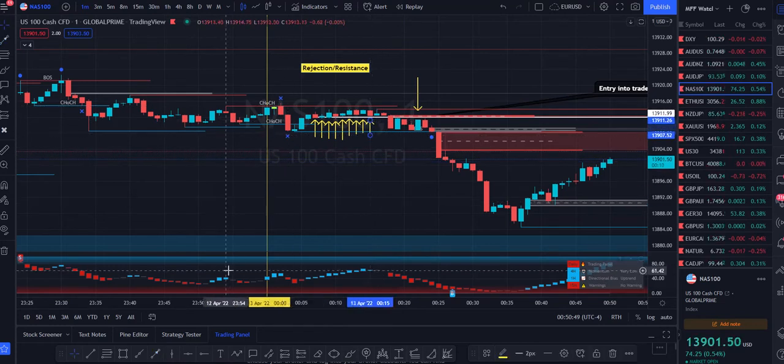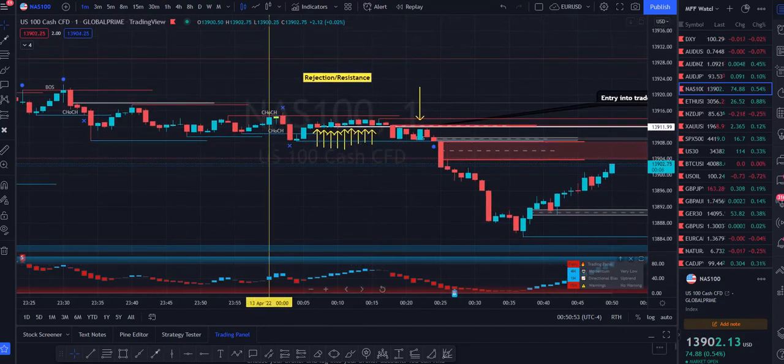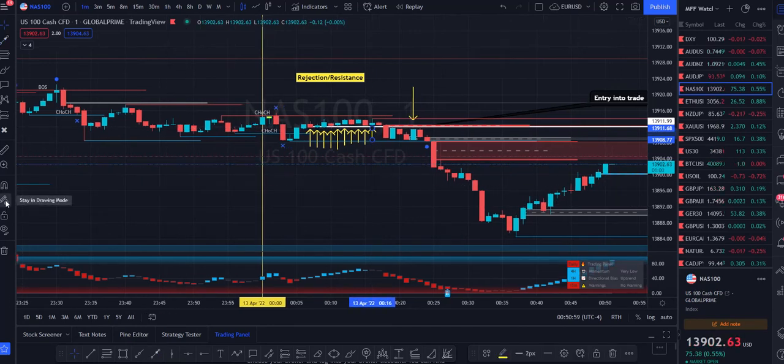9, 10. Let me put the draw mode on. 11. And you can kind of count these as consolidation too. 12.